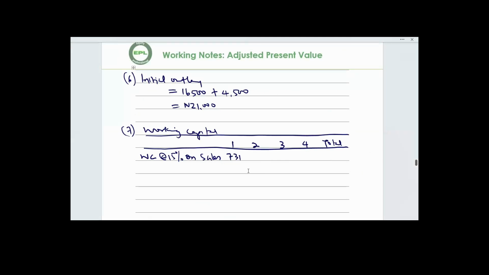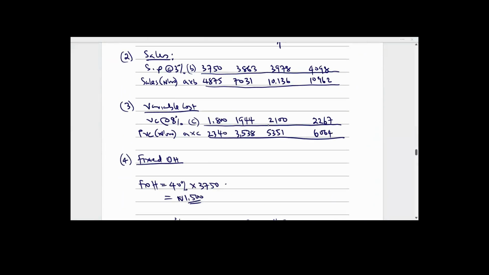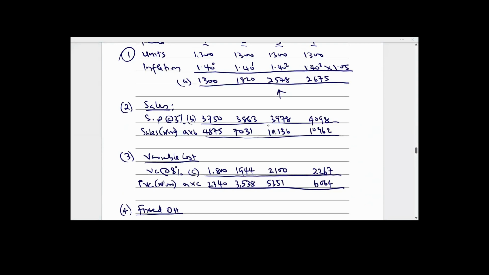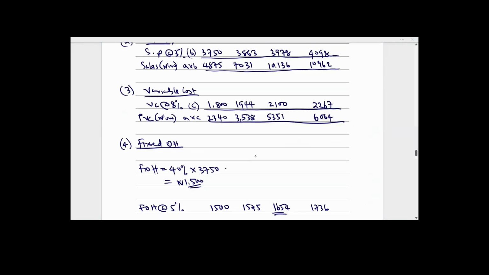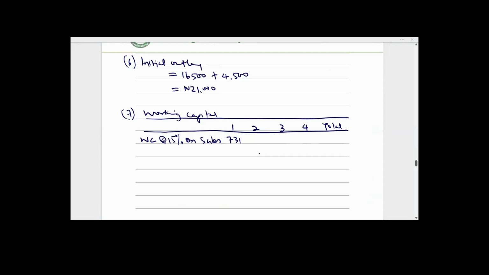Then for the second year, 0.15 multiplied by the second year sales of 7031 equals 1055.